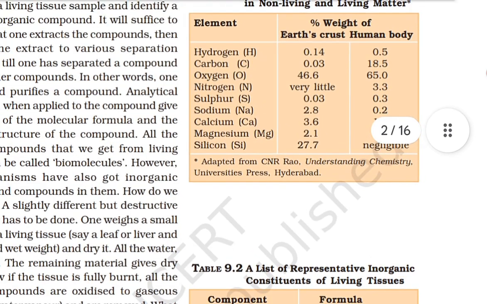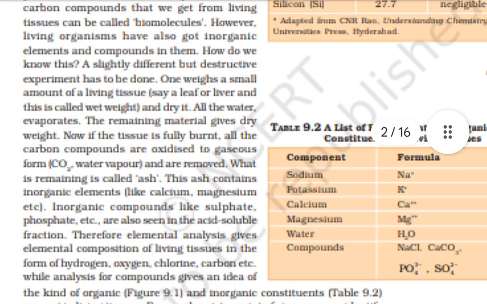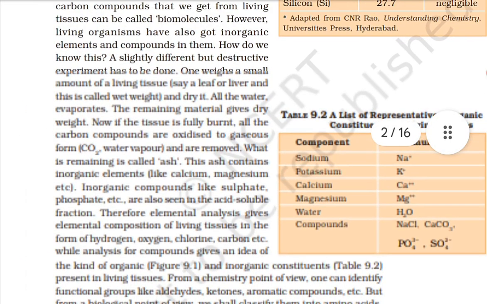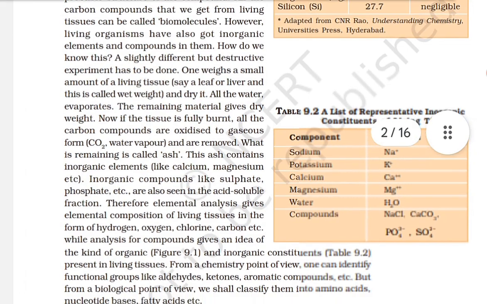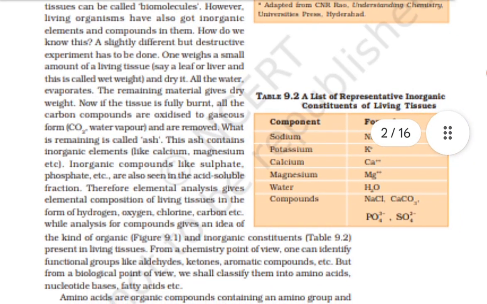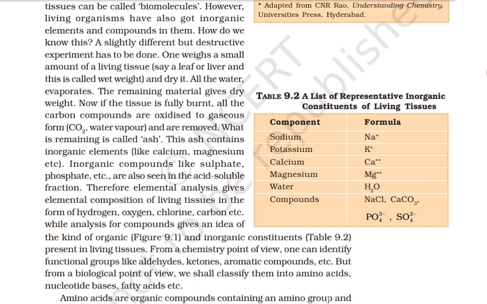From a chemistry point of view, one can identify functional groups like aldehyde, ketone, aromatic compound, etc. But from a biological point of view, we shall classify them into amino acids, nucleotide bases, fatty acids, etc. I am going to read table 9.1, a comparison of elements present in non-living and living matter. Element is hydrogen, and percent weight of earth crust and human body.